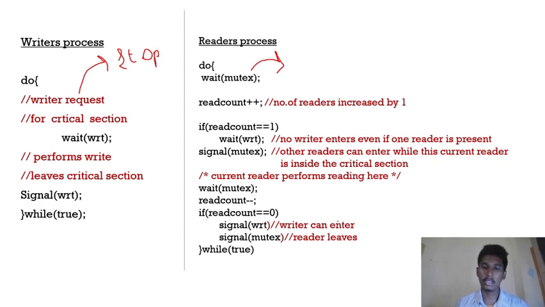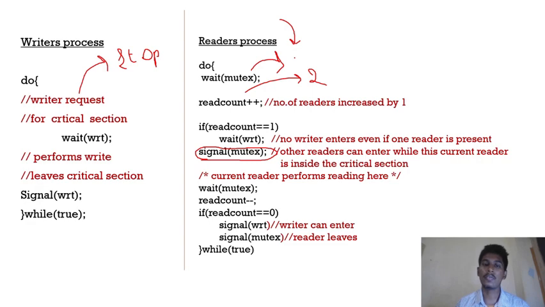If any other reader process is entering, then the read count will become 2, since one has already entered and it signals the mutex to take another reader. So consider another reader process trying to access it.